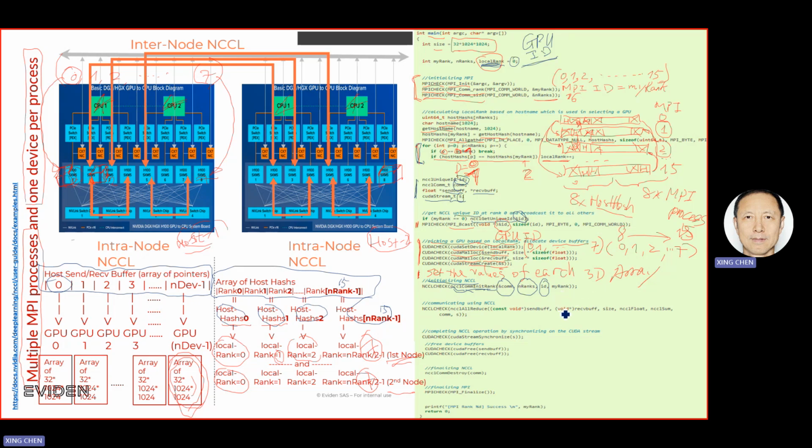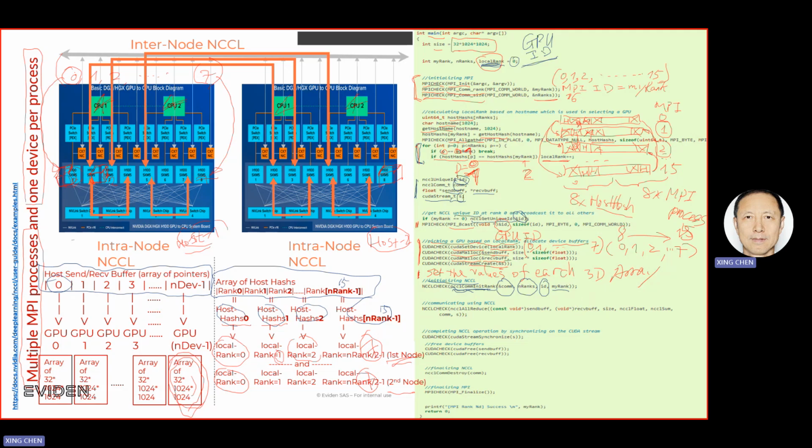Because each one of the 16 MPI processes needs to call this function, you need to tell the function what your ID is. So the 16 MPI processes are going to do the same thing. Okay, everything is fine.